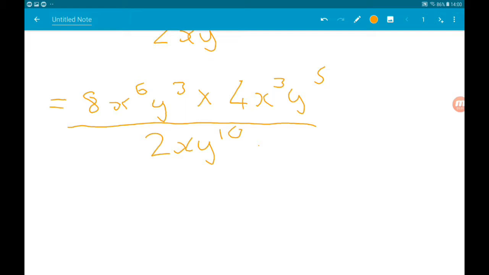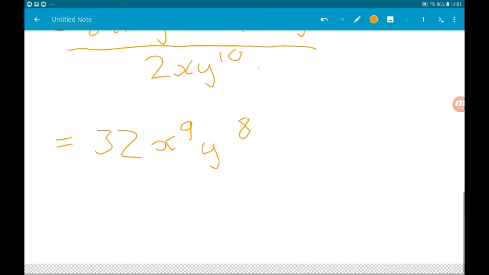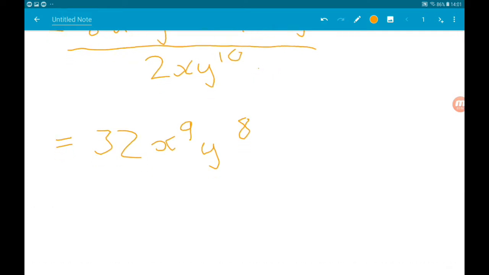So, if we do 8 times 4, we get 32. X to the 6 times x cubed is x to the 9. And y cubed times y to the 5 is y to the power 8. And that's all being divided by 2xy to the 10.